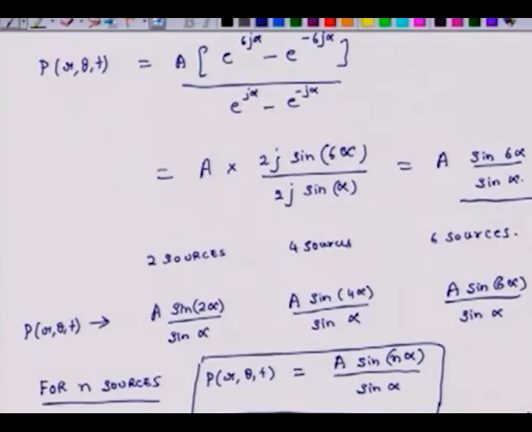Now, let us look at the case when we have infinite number of such sources.